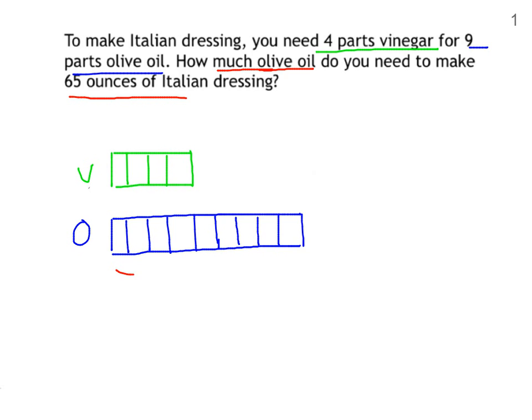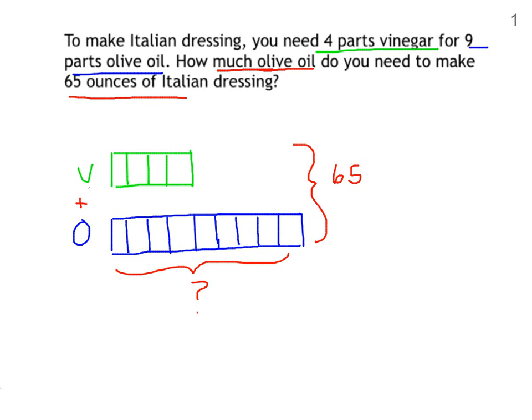We want to know how much olive oil we're going to use, and it looks like we're working in ounces. And because we're making 65 ounces of dressing, the vinegar plus the olive oil, that's what we combine or mix together to make the dressing. And so as I label this, I can label both unit bars as totaling 65 ounces.